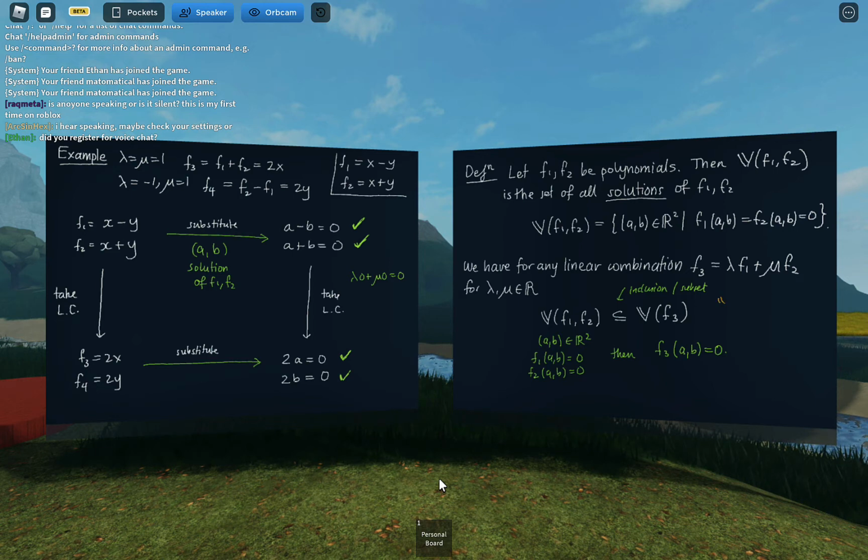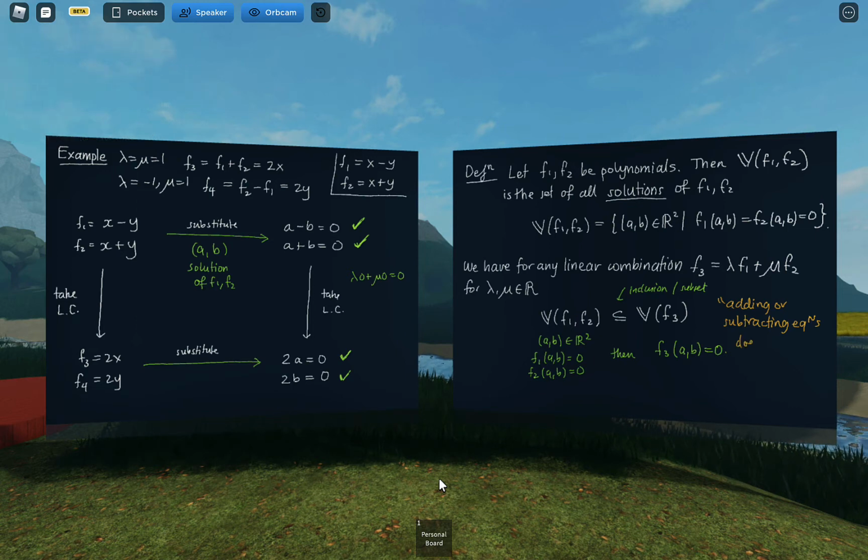Another way of saying that is that adding or subtracting equations, which is how you can think about forming F3, does not decrease the set of solutions. Now, this is a point which is often difficult to communicate to first-year students in calculus, in my experience, that when you do operations on equations, you don't decrease the set of solutions, but you may increase it, right?